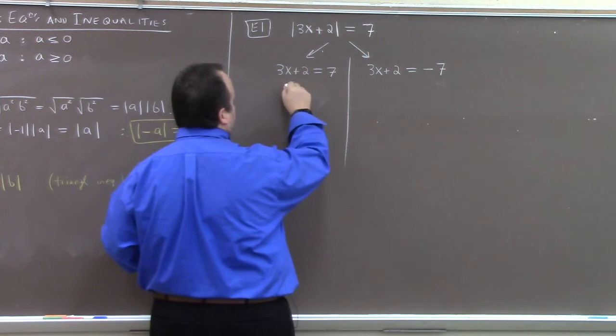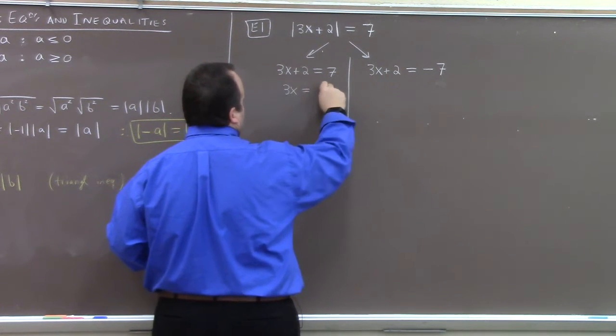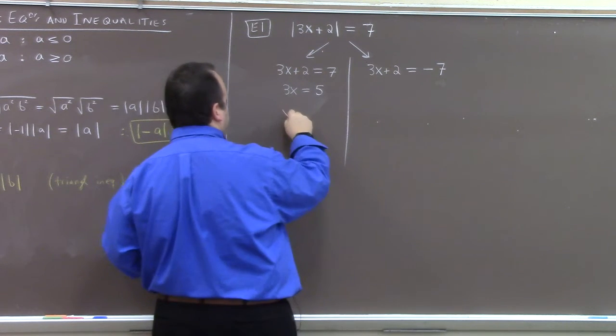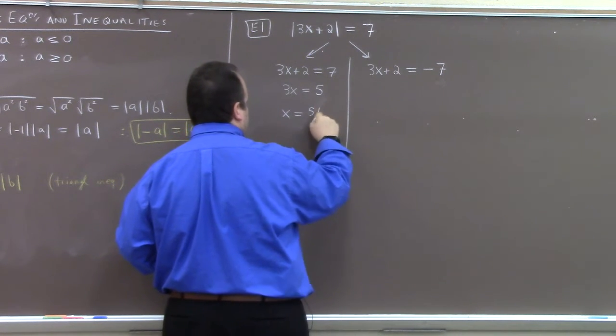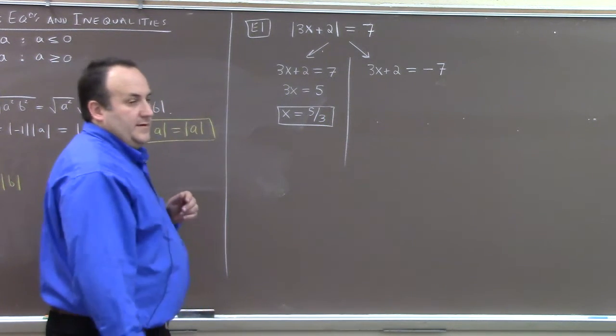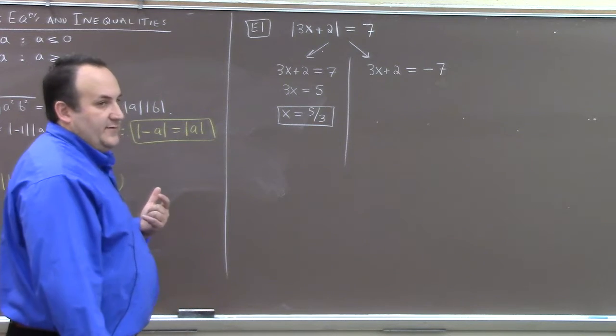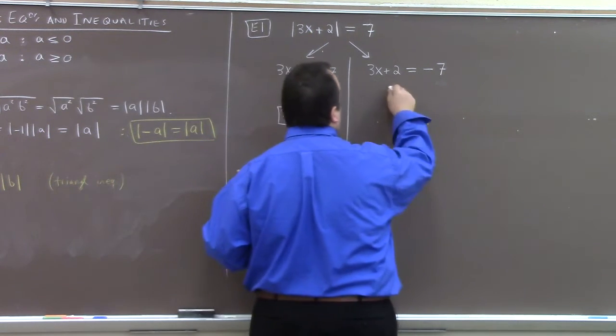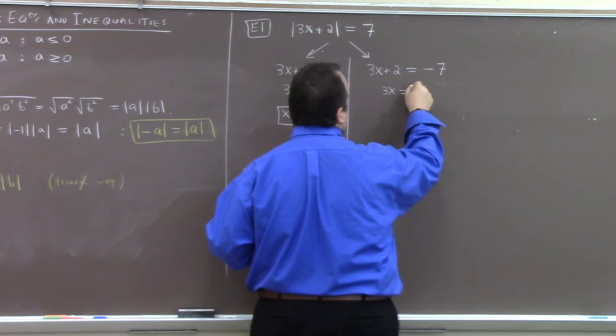So here we have 3x is equal to 5, which gives me x equals 5/3. There you go. And on the other side, we have what? 3x is equal to, what's minus 7 minus 2?